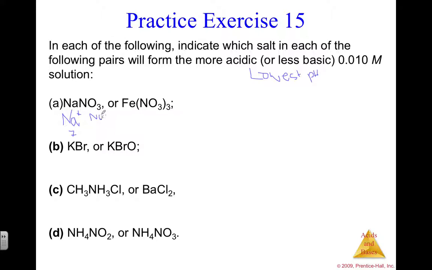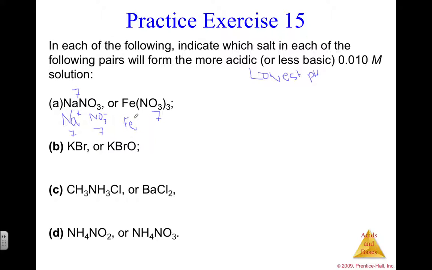Nitrate, NO3-. This is the conjugate base of a strong acid, so this pH is also 7. So overall, sodium nitrate, pH of 7. Now we have nitrate again. This pH is 7. Iron 3+.